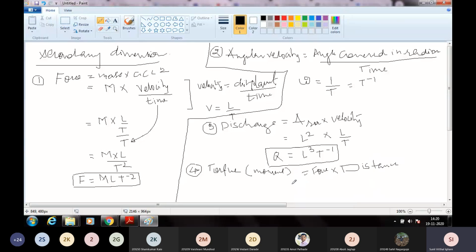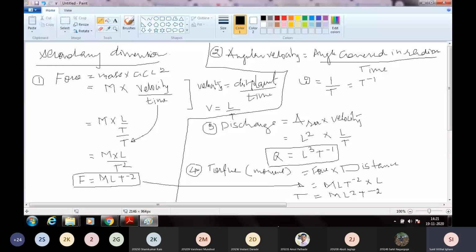So force is equal to what we have written here. So we just put directly the value of force here, that is equal to M L T minus 2 multiplied by distance L. So you will get M L square T to the power minus 2. Torque we are going to write it by capital T.